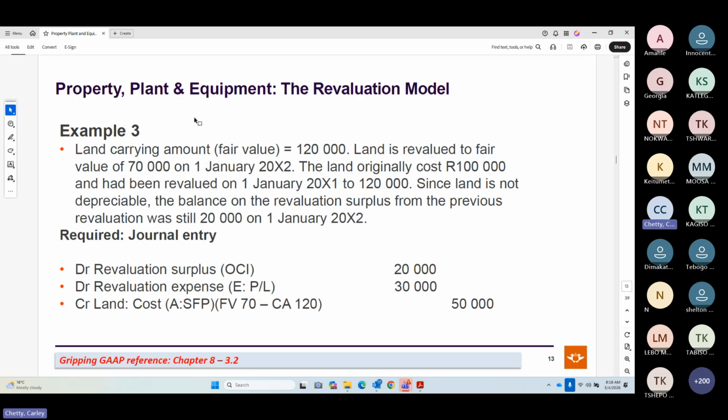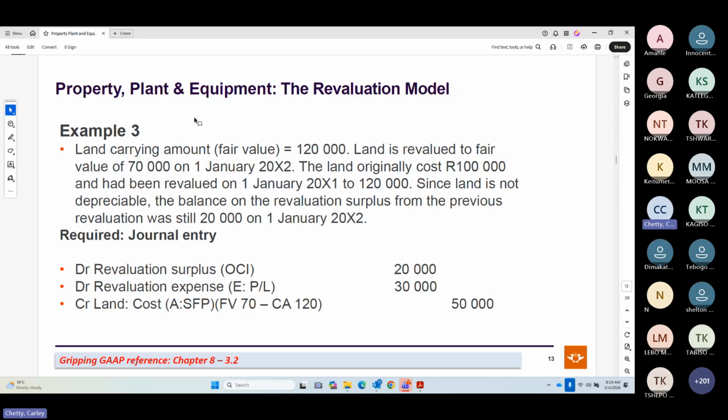Now we have another example, example 3. Here we have land with a carrying amount or fair value of 120,000. Land is revalued to fair value of 70,000 on 1 Jan 20x2.